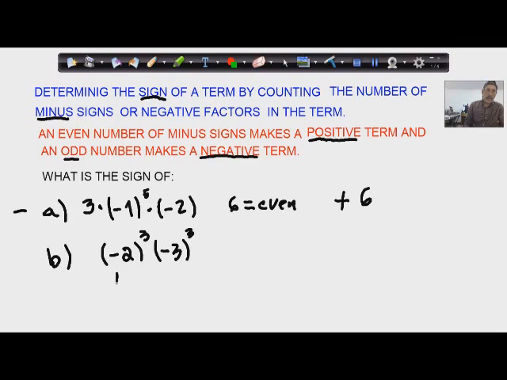Here we have 3 minus signs and here another 3, so this would be again a positive term, which we can compute by multiplying 3 to the cube, 27, times 8, which is 2 raised to the 3rd power.